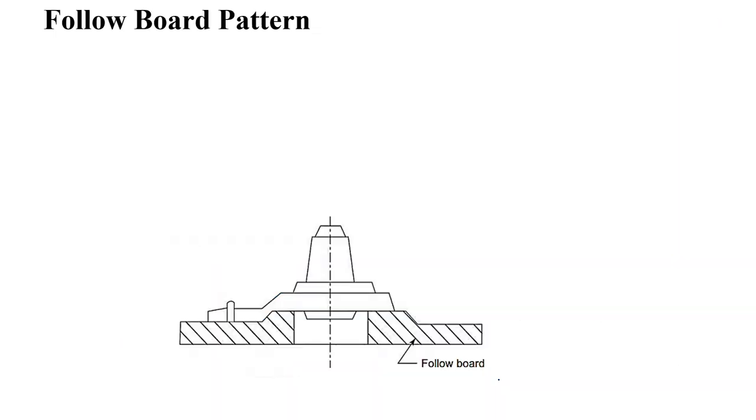Next pattern is the follow board pattern. Here you can see that the follow board pattern is adopted. Some portions of the patterns are big like that. According to this shape, at the bottom a follow board is used to give support, but on the curve side it is not required because the sand is rammed.